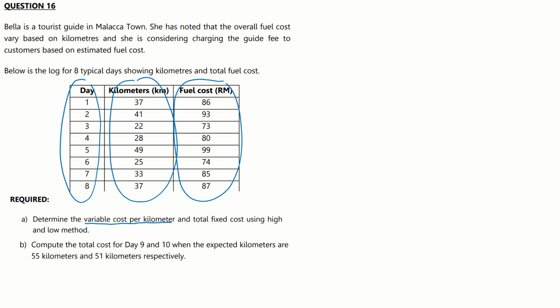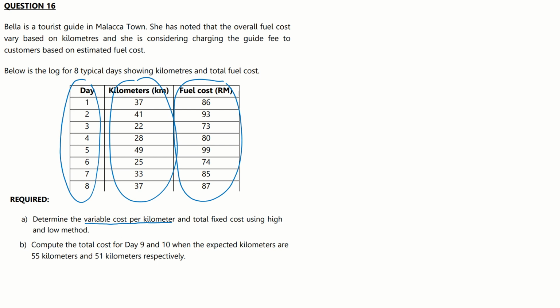So as the number of kilometers increases, the total variable cost would also increase. But in terms of per unit, variable cost per unit is constant. It remains constant. So requirement A requested us to determine the variable cost per kilometer.